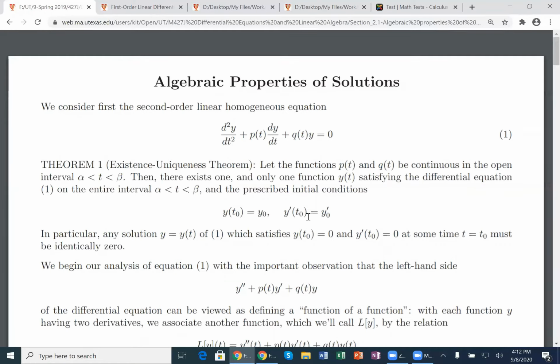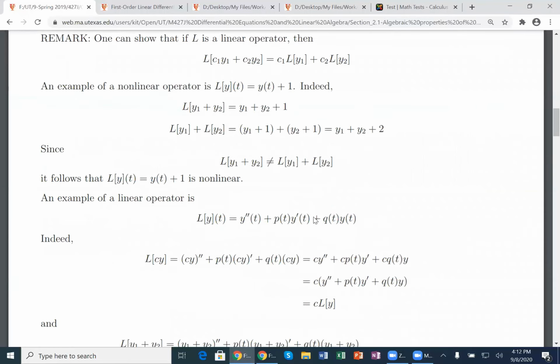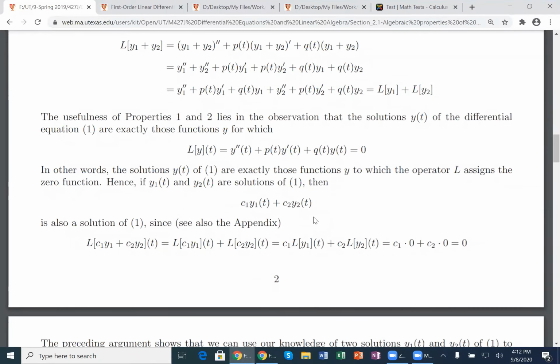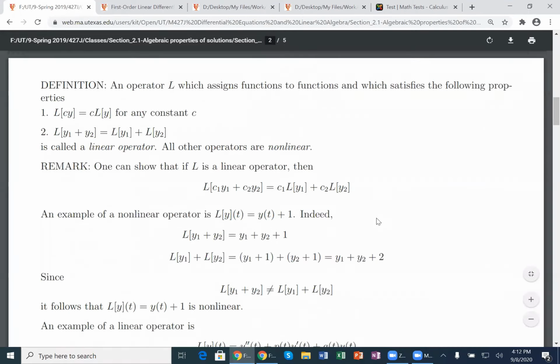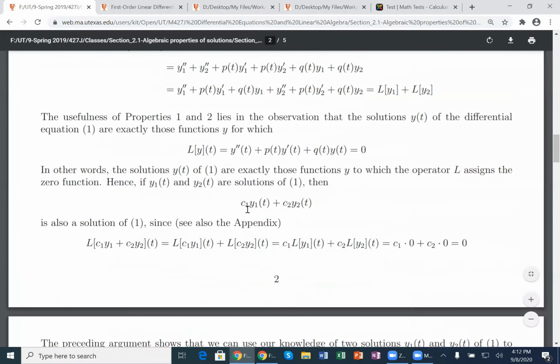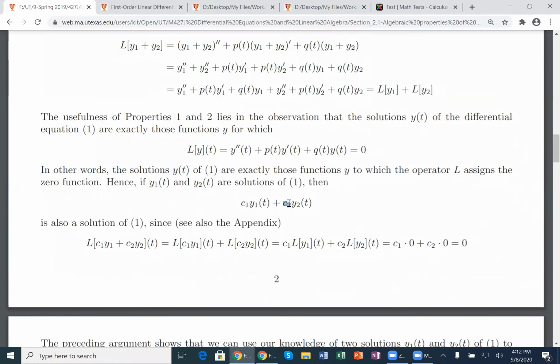I was asking, by extension, does that mean our solution would have two different, or not necessarily different, but two constants? Well, we will discuss in a moment that the general solution under certain conditions can indeed be written as C1y1 plus C2y2, and since we have two initial conditions, these two initial conditions allow us to determine C1 and C2 uniquely. Okay, yeah, that makes sense.